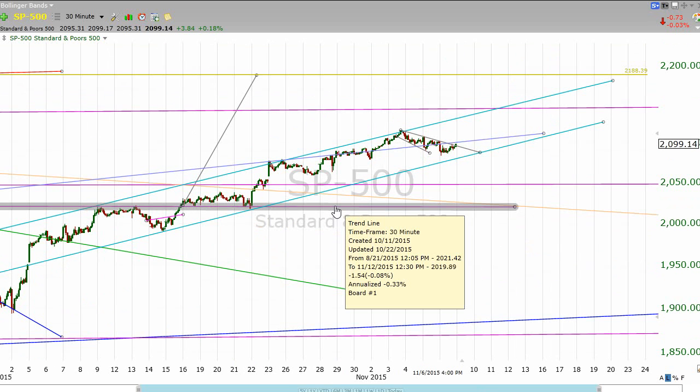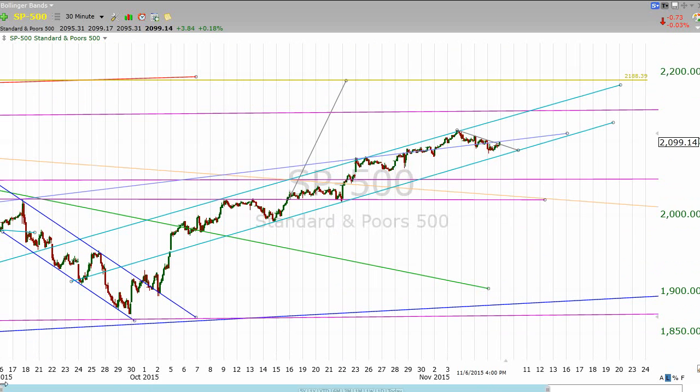Again, here's the line that I think was our midpoint in our double bottom right here. Got over that, back tested it, started to head up.